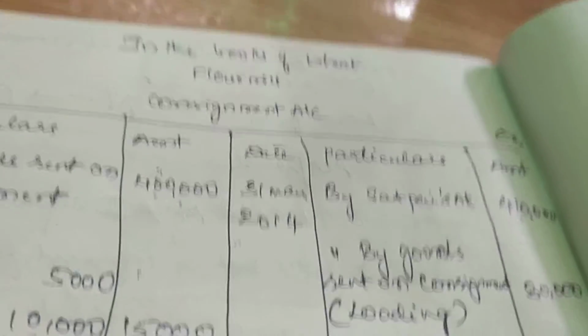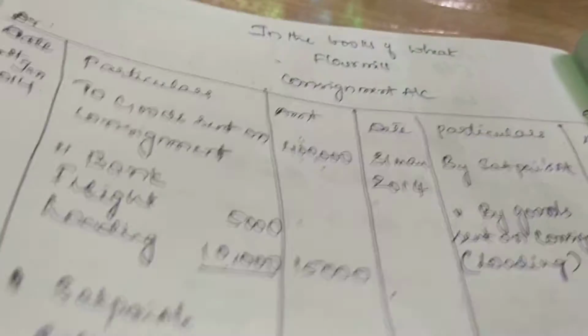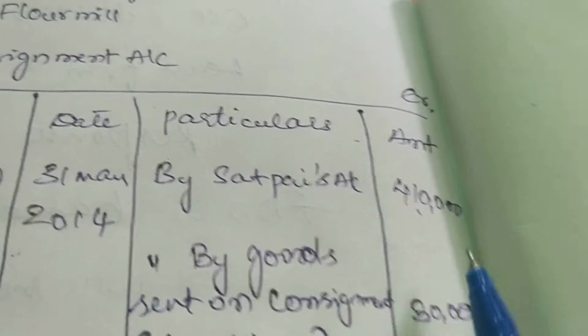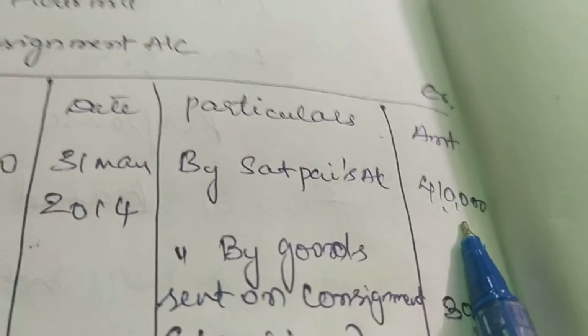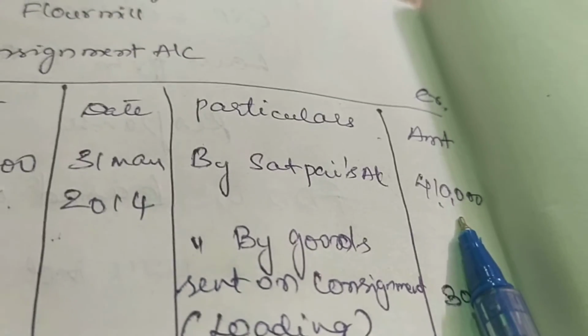Okay. Now next we will go to the commission part. What is the commission given in the question? The commission is 1% on sales. What are the sales made by Satpai? Satpai's sales are 4,10,000. 4,10,000 into the commission.